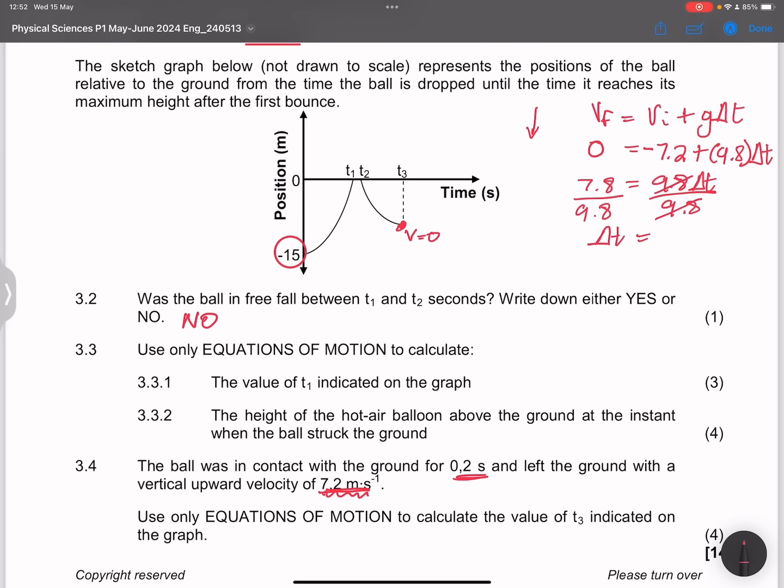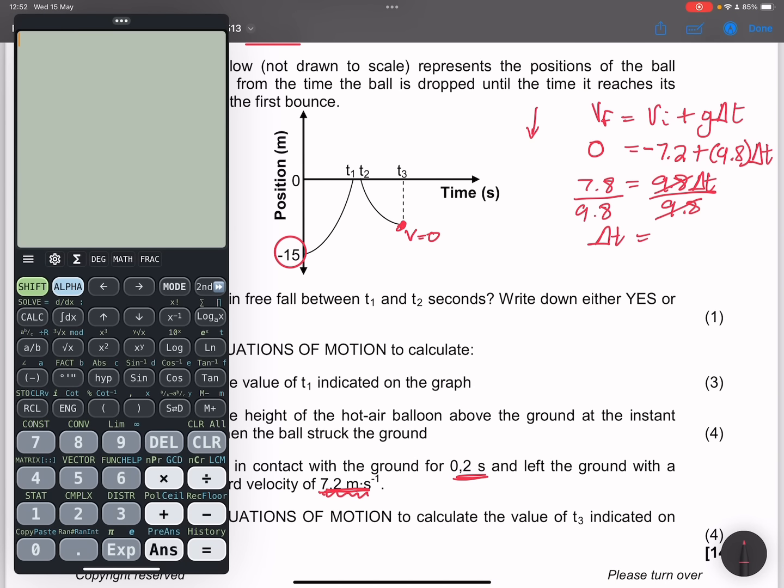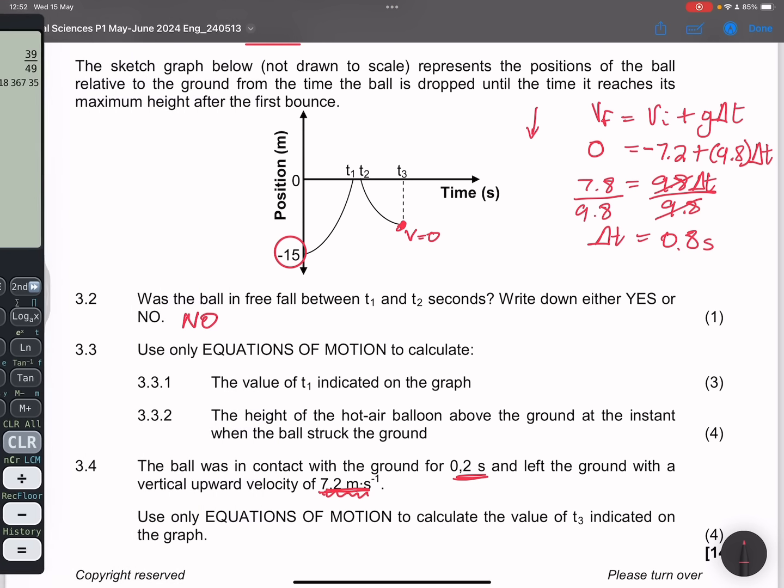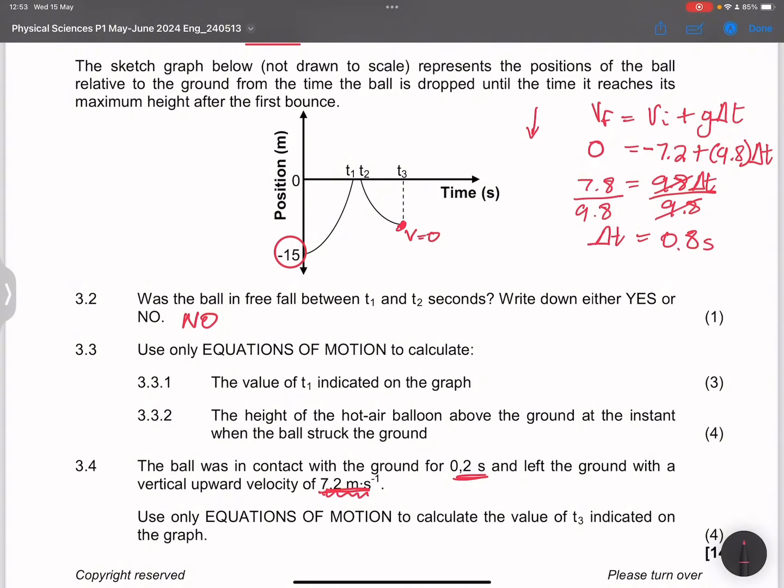And so the time would be 7.2 divided by 9.8, and that gives us, well, let's just say 0.8 seconds. Now note, this has absolutely nothing to do with that time there. This would be the time in contact with the ball, but we are looking for T3, right?